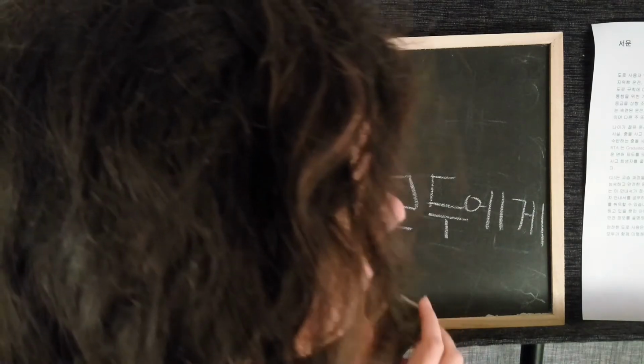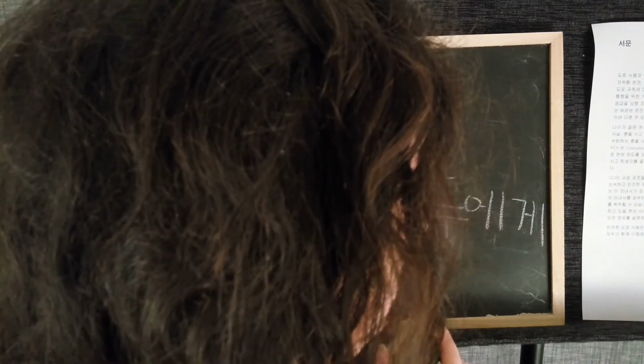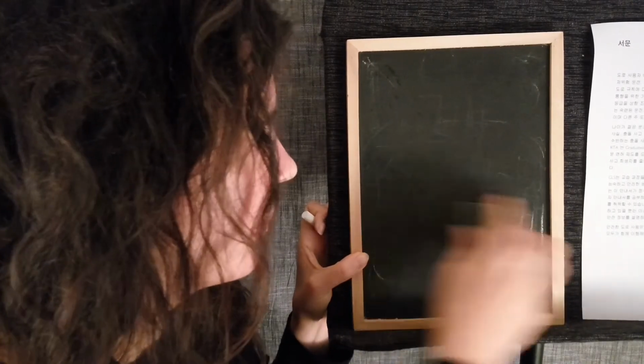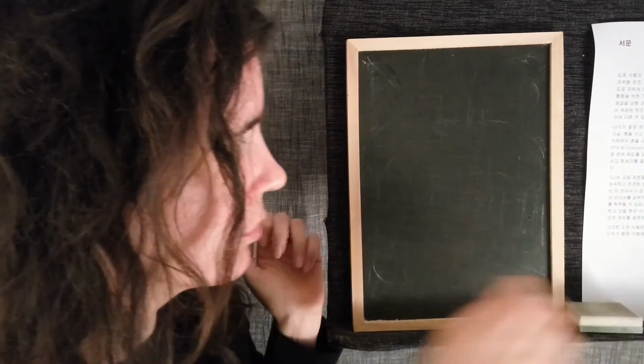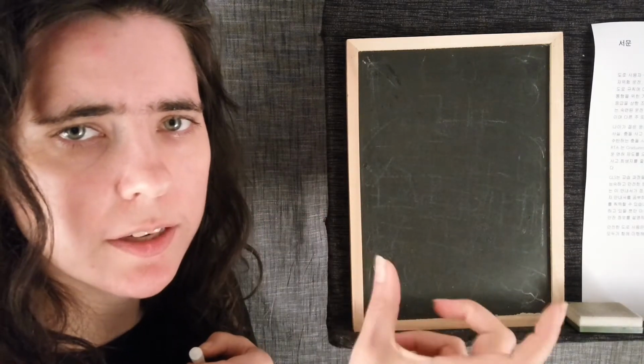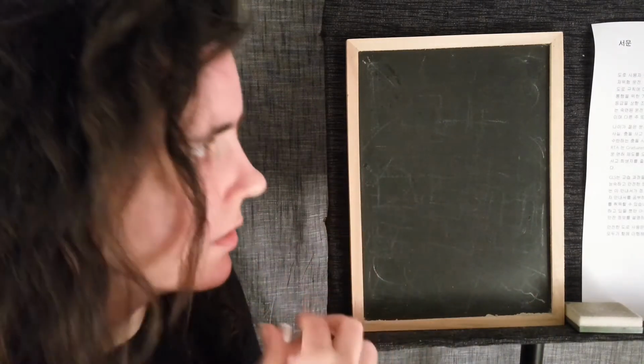This is such a long sentence. I'm going to go to the last bit because Korean sentence structure has your verb at the end, and so you have very similar endings to the end of sentences quite often, and I want to get to that part.